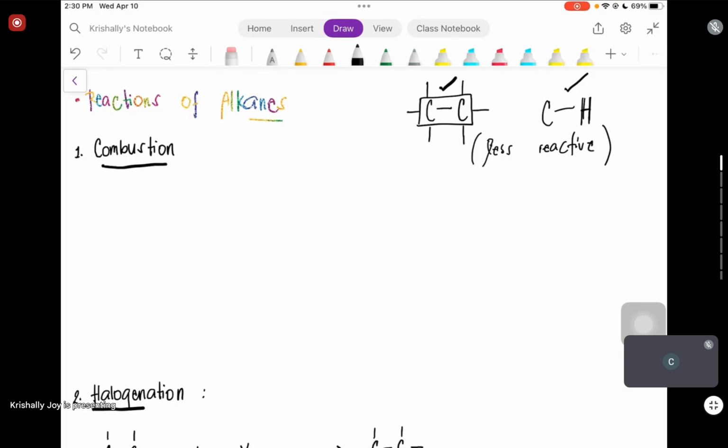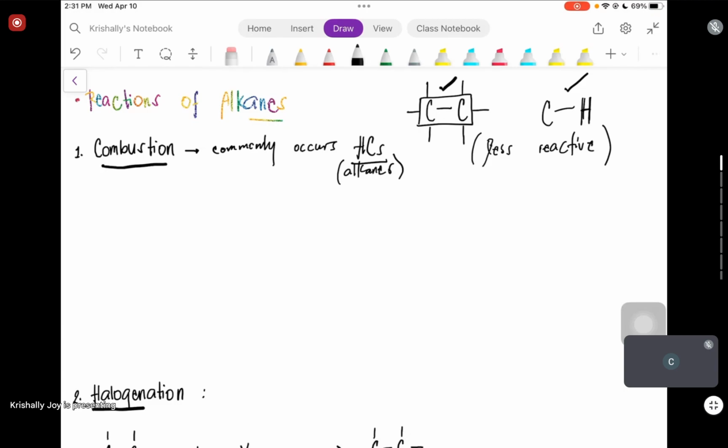The combustion class is a type of reaction that commonly occurs among hydrocarbons. Purely hydrocarbons lang ang meron sa compound. It could be alkenes, alkynes, but more commonly, it occurs among alkanes. Very common siya among alkanes.